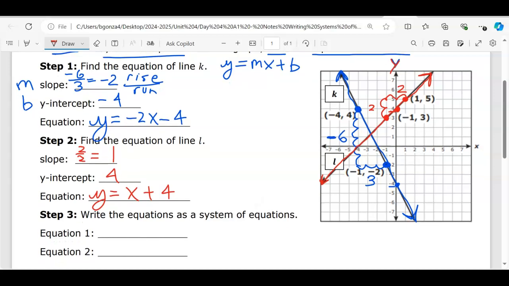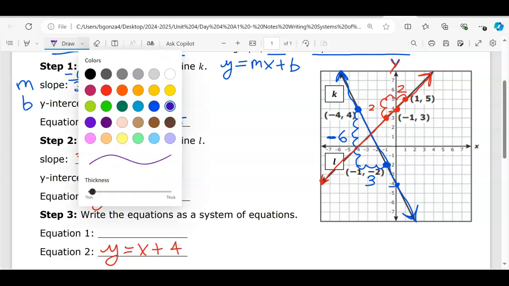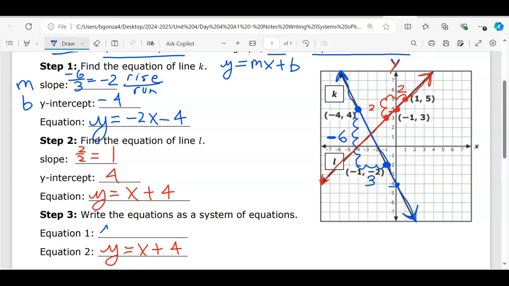So down here, you're just going to rewrite these formulas. Equation 2 was y equals x plus 4. The first one was y equals negative 2x minus 4. That's it. And that's what you're going to be doing on the assignment today. So let's try another one, but I want to make sure everyone's got this down first.